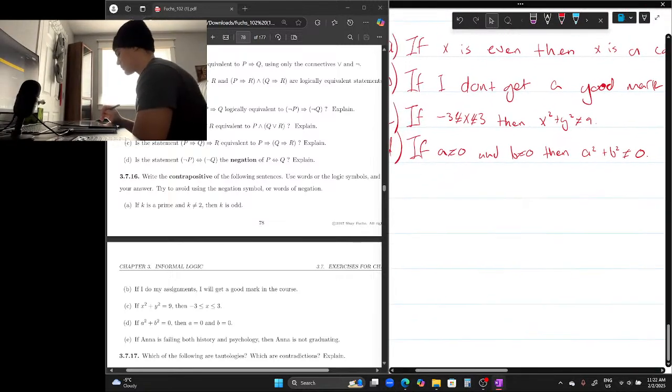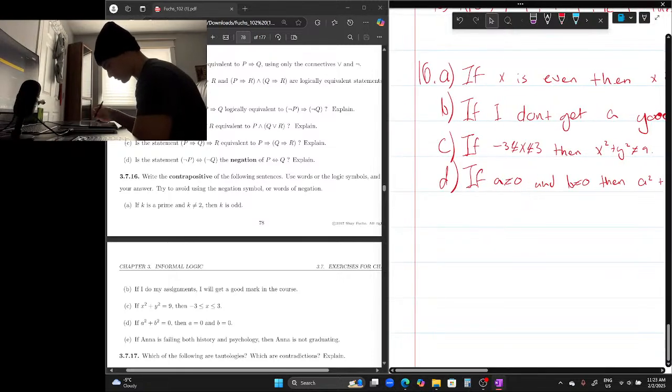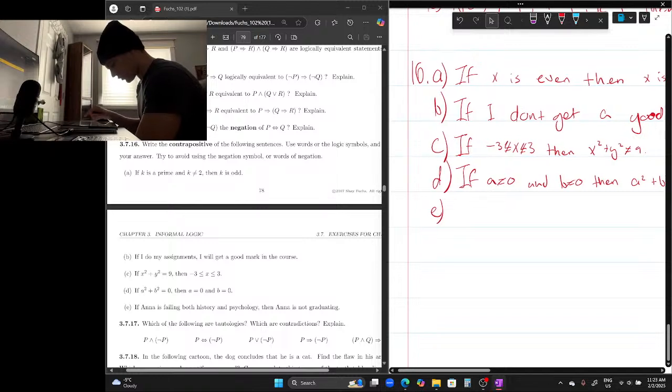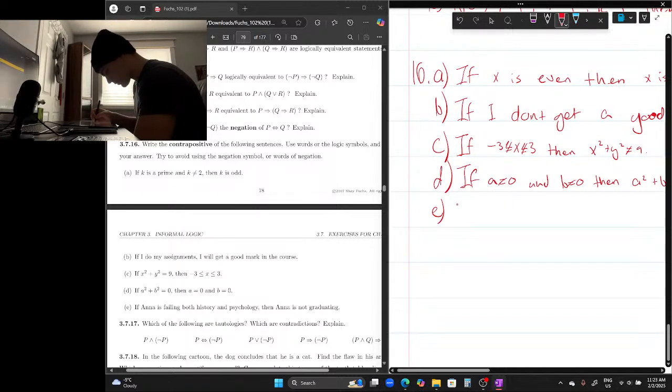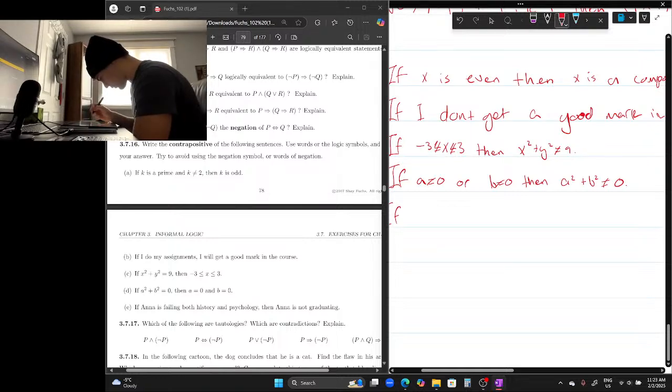I hope that's right, because I think this is a valid equation. Could be mistaken. If Anna is failing both history and psychology, then Anna is not graduating. So, and again, this would be, because when you flip it, it switches.